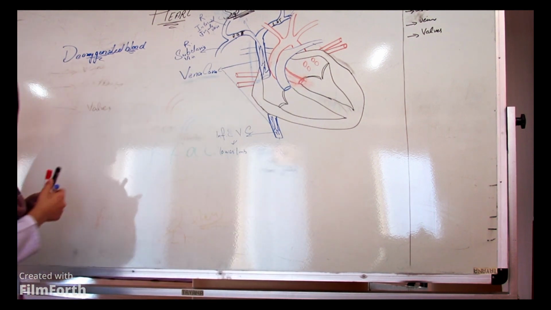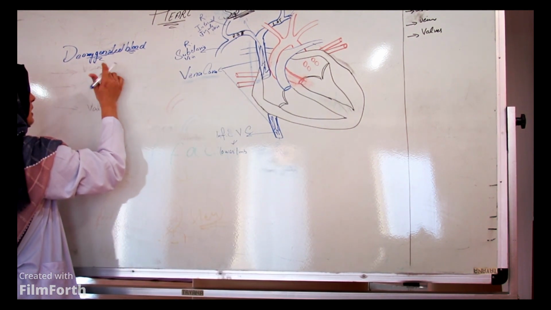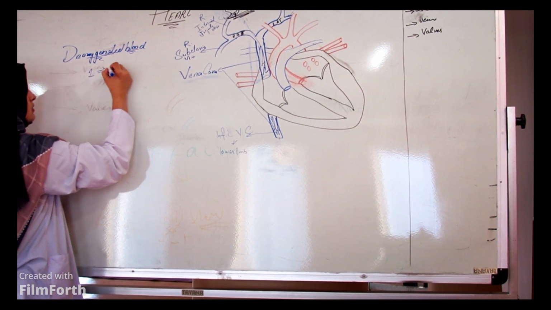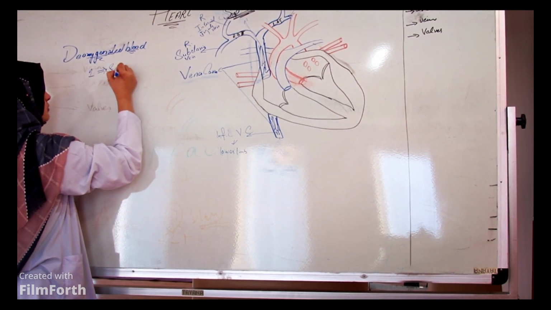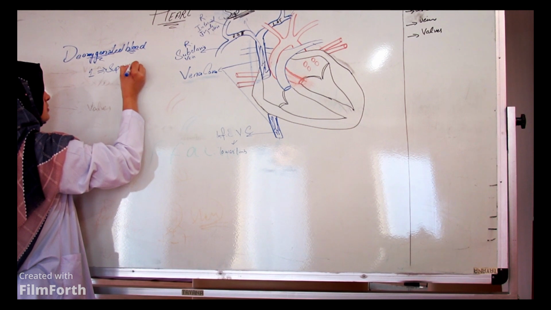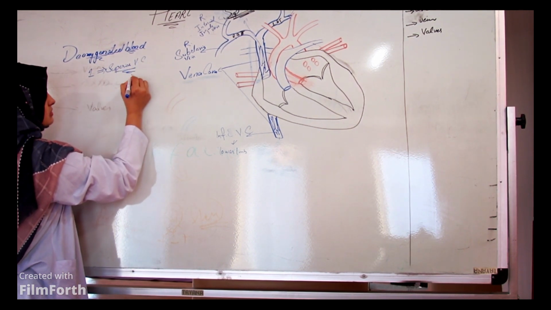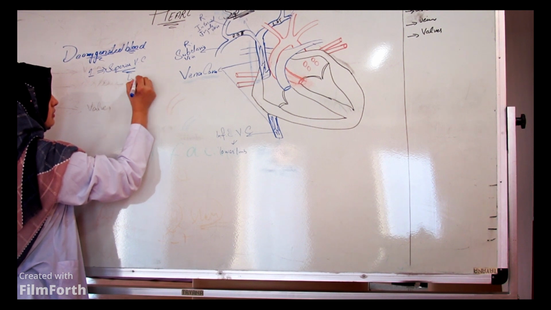So the first thing that carries deoxygenated blood in the heart is the superior vena cava. Superior vena cava has branches like brachiocephalic.